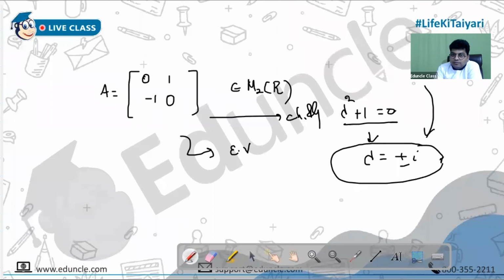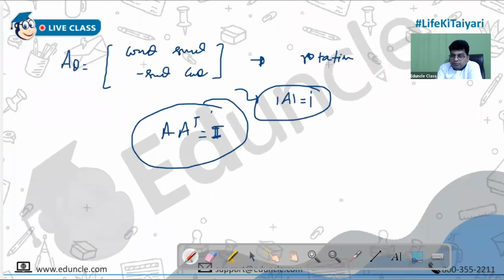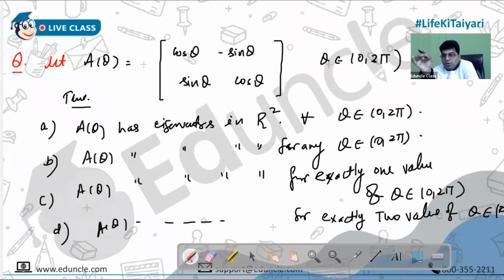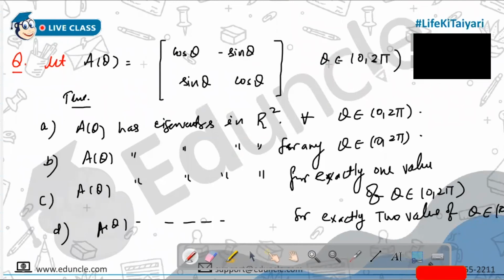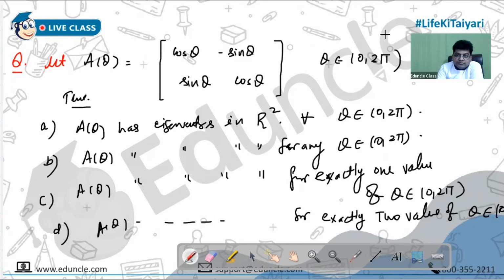Done? Okay. Tell me, the question I asked: can you say anything about the eigenvalues of an orthogonal matrix? Sir, yes. Eigenvalues are only +1 and -1. It cannot be imaginary for an orthogonal matrix. Why?